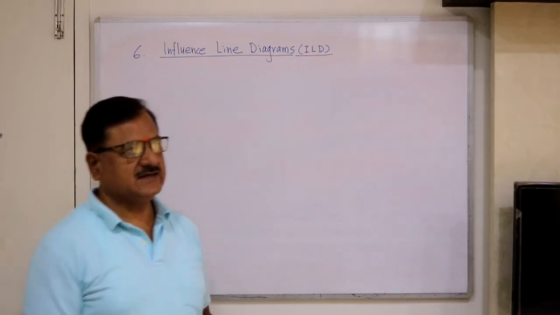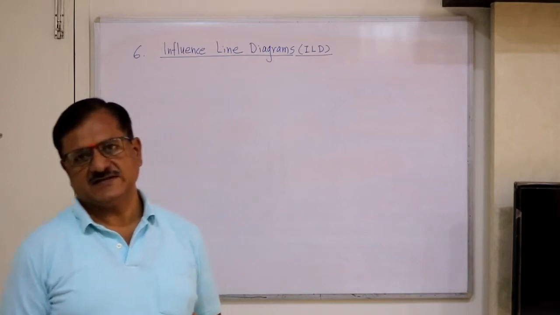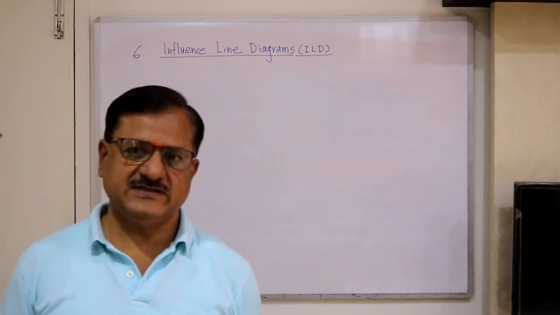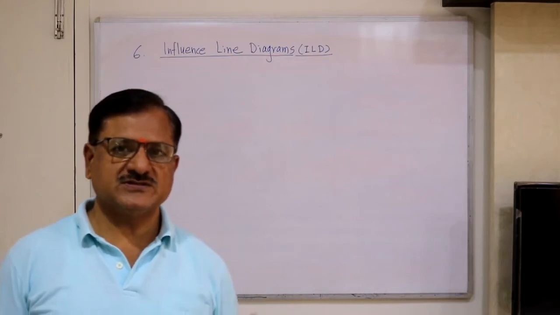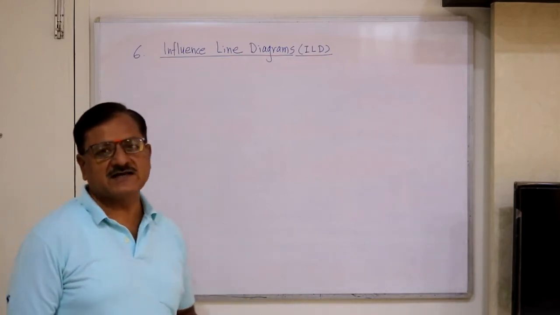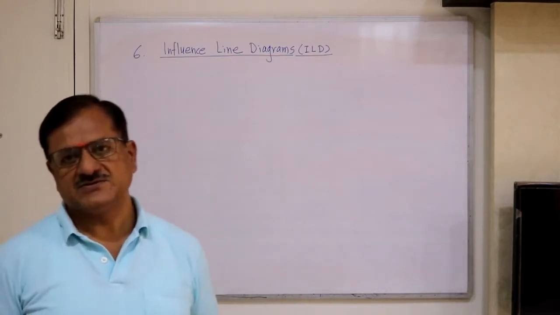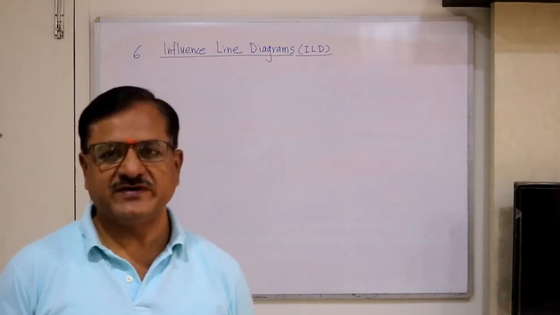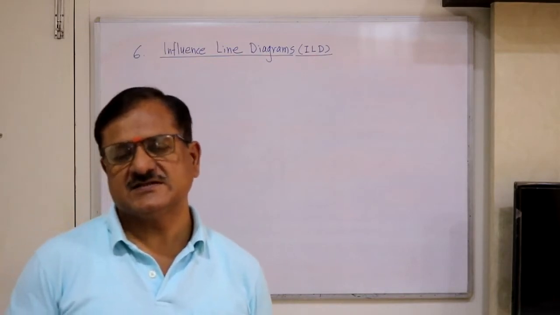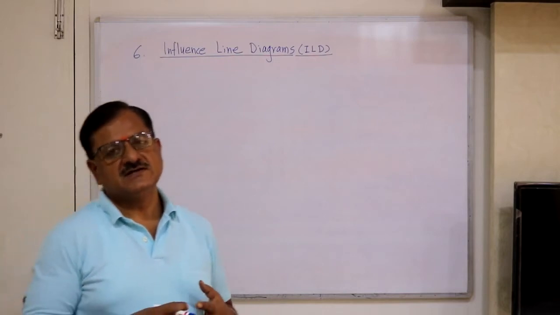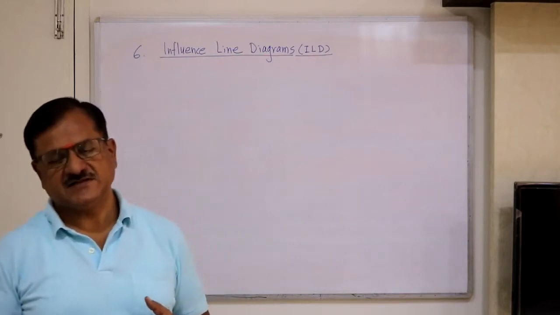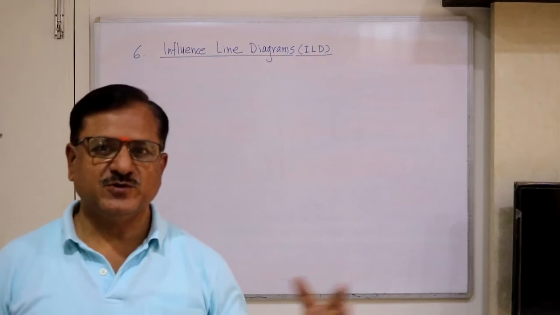Mainly the railway bridges, say the trussed railway bridges subjected to moving loads, then the influence line diagram is very useful. This influence line diagram is used to find out the forces in the members of trussed bridges when it is subjected to moving load.